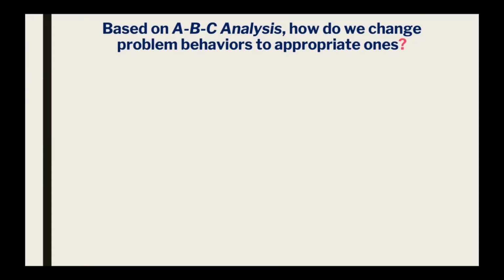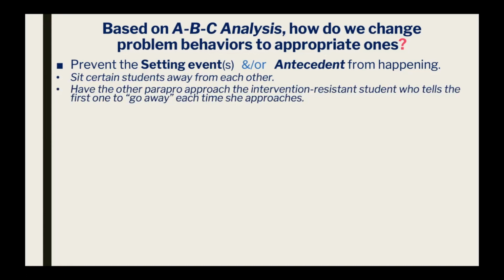All right, so how do we use our ABC analysis to change problematic behaviors into appropriate behaviors? Well, if we've identified the antecedent, and it may be that we've used that form and we've been keeping track of all the incidents, and we say, typically this behavior happens when we present a worksheet or when one of our two paraprofessionals goes over to offer assistance, this student doesn't have a positive adult-child relationship, and the kid acts up.